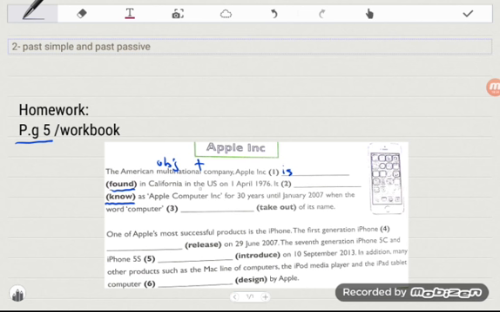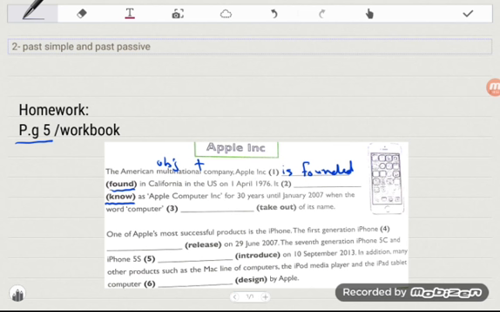And then the main verb is find, and the past participle is founded. So the American multinational company is founded in California.